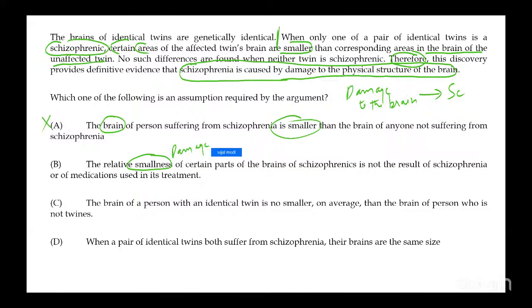Now it says the relative smallness or the damage is not the result of schizophrenia. Remember the conclusion, I've written it. Damage has caused schizophrenia. What if schizophrenia has caused the damage? Will it weaken this claim? Yes, it will weaken the claim, that it is the reverse.